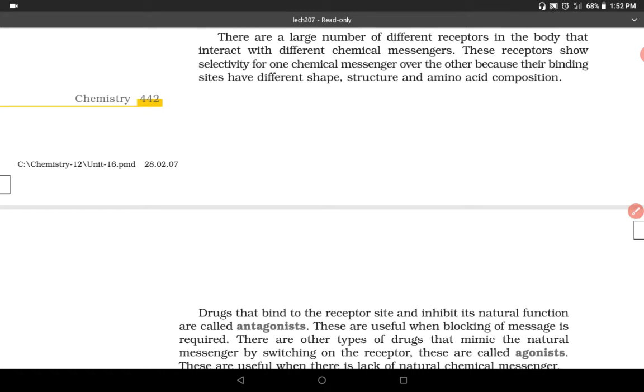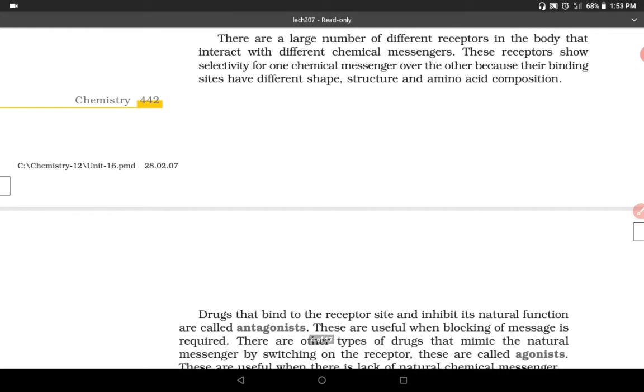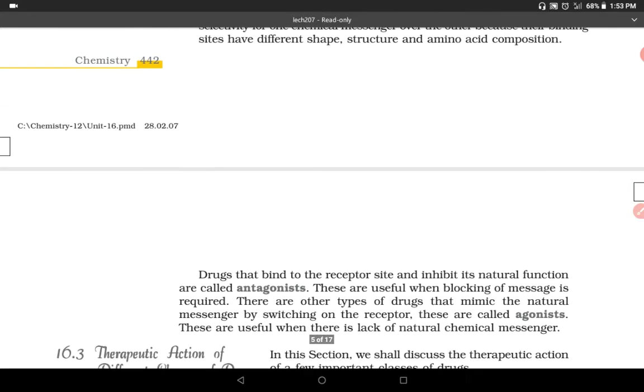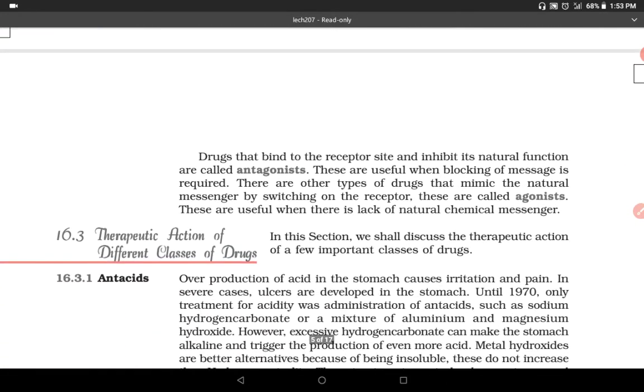There is a large number of different receptors in the body that interact with different chemical messengers. These receptors show selectivity for one chemical messenger over the other because their binding sites have different shape, structure, and amino acid composition.